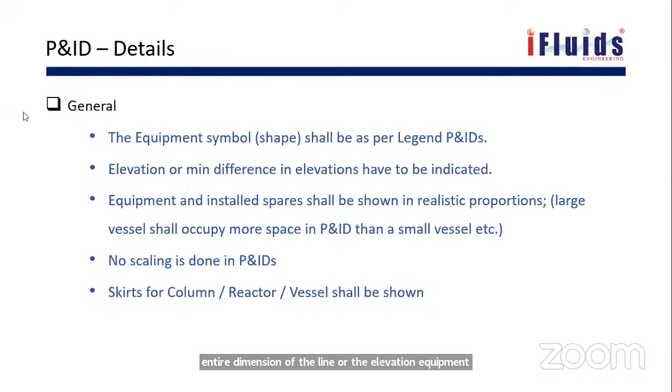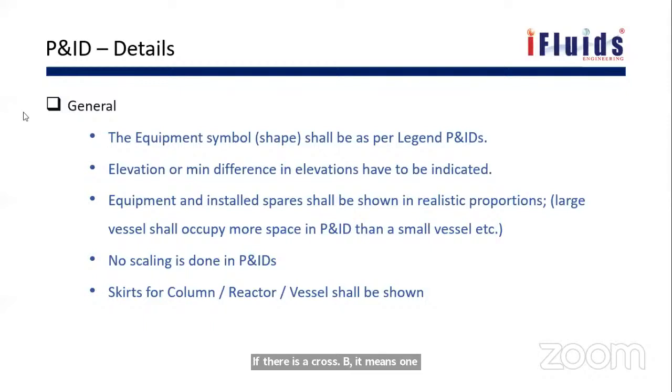Equipment and installed spares shall be shown in realistic proportions. In PFD, if there are two equipments, it is shown as only one equipment. But in P&IDs, both the equipments will be shown because both will have their own inlet and outlet lines and, of course, drain and vent lines. So in PFD, if there is A cross B, it means one equipment.